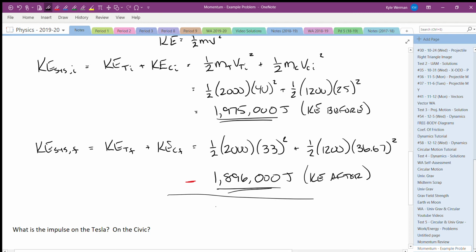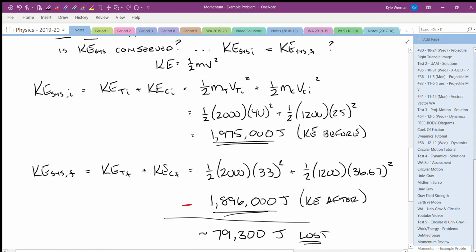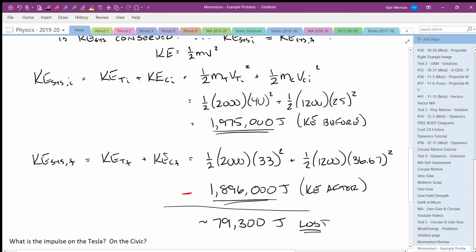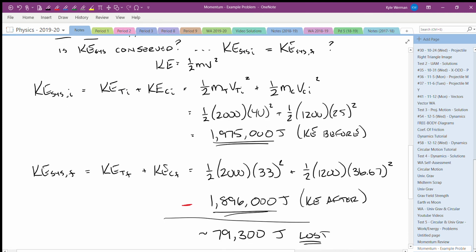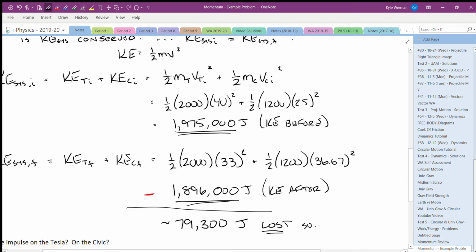All right, there are 79,300 joules lost. All right, that's the difference in the energy before and after. So if I ask how much is lost, you just subtract them. But since I've asked, is it elastic or inelastic? Well, we lost energy, so we know that it is an inelastic collision. All right, because energy was lost in the collision.